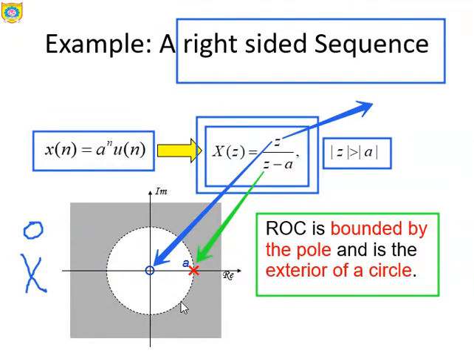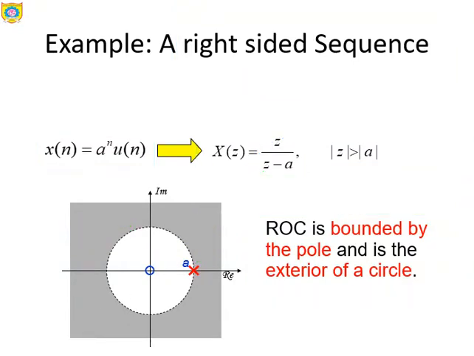Taking the z equal to a radius, we plot that circle, and the outer part of this circle, except z equal to 0, is simply the ROC. This is the ROC for the right sided sequence.